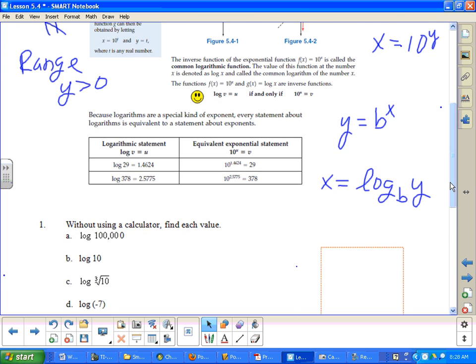The one thing you remember about a logarithm is that it's an exponent. When I'm finding the logarithm of a number, I'm actually finding an exponent, because if we look at the way these are written, a logarithmic statement says the log of v is equal to u. Well, that's the same as saying in exponential form 10 to the power of u equals v.